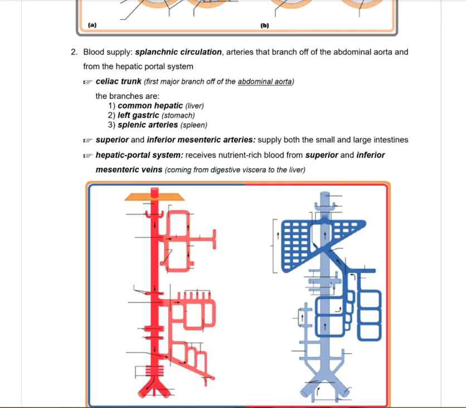So splanchnic circulation is, and I'm going to kind of draw a little arrow here, all the arteries that branch off the abdominal aorta from the hepatic portal system. And so that is these guys right here. And so you might remember the celiac trunk, the first big branch off the abdominal aorta. That's right here. I'll type it in.